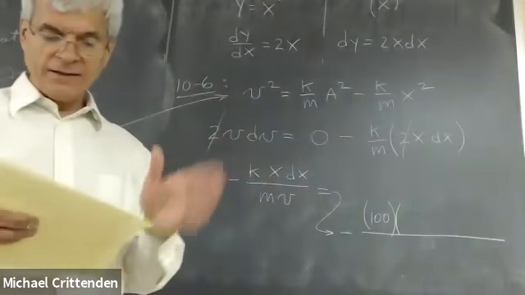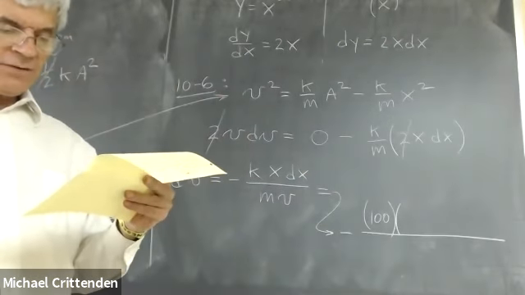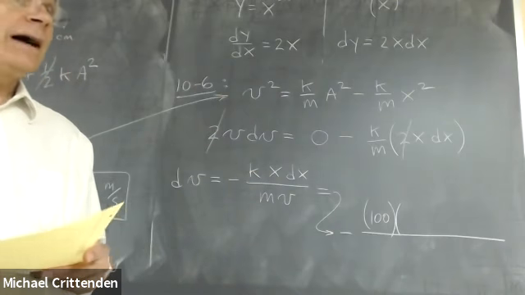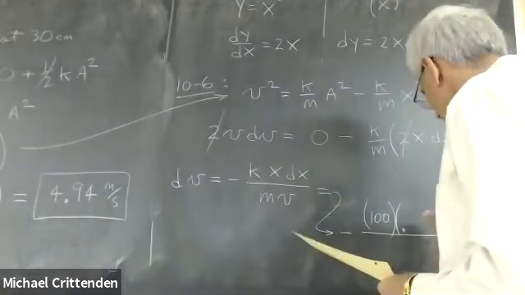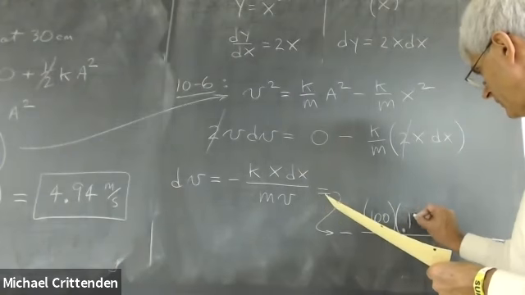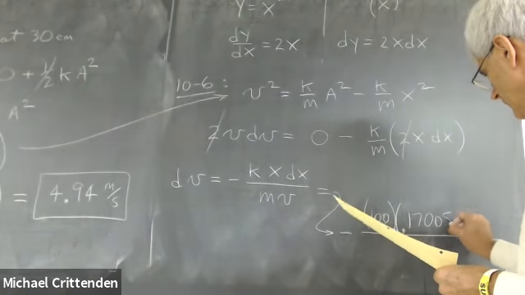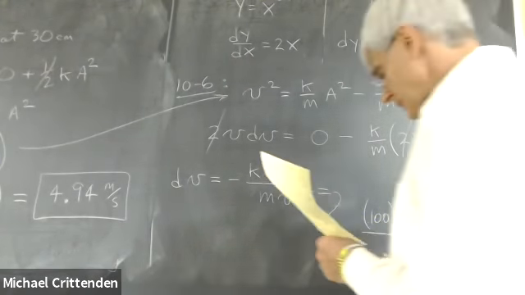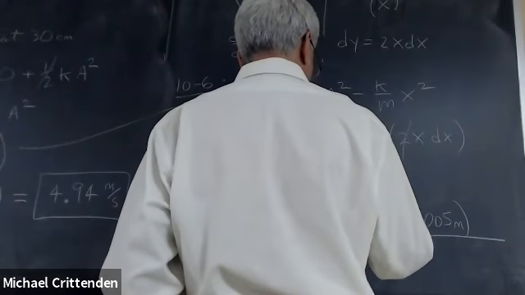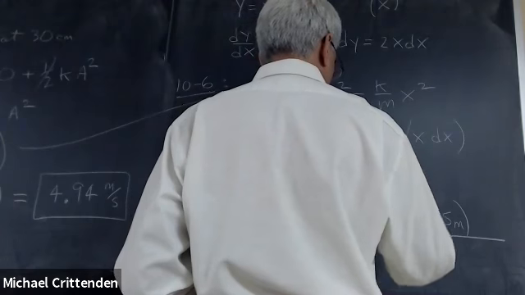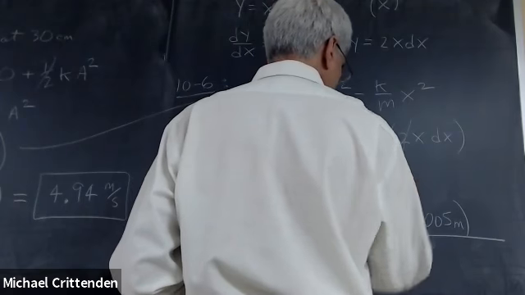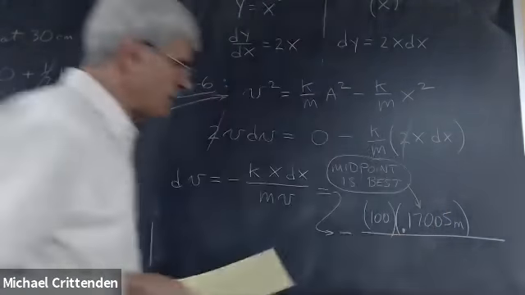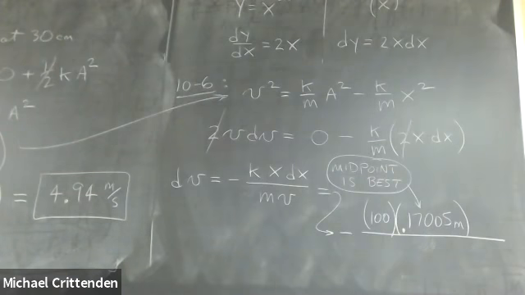Halfway between 17 and 17.01 would be 17.005 centimeters, or actually, I need meters here. While 0.17 is probably close enough, really the best thing would be the midpoint of the interval.